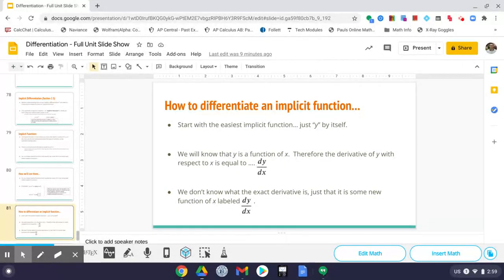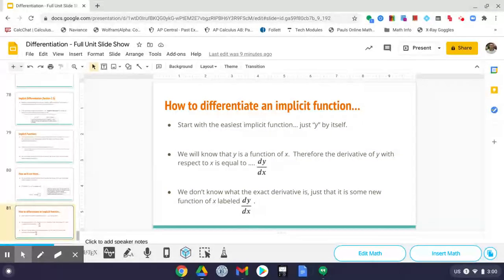And we're going to use some very familiar notation here. And so what I would say is that if y is a function of x, okay, so I know it's a function of x, I just don't know what the exact function is, its derivative with respect to x is equal to dy/dx. And that's all I'm going to label it as. The derivative of y is equal to dy/dx.